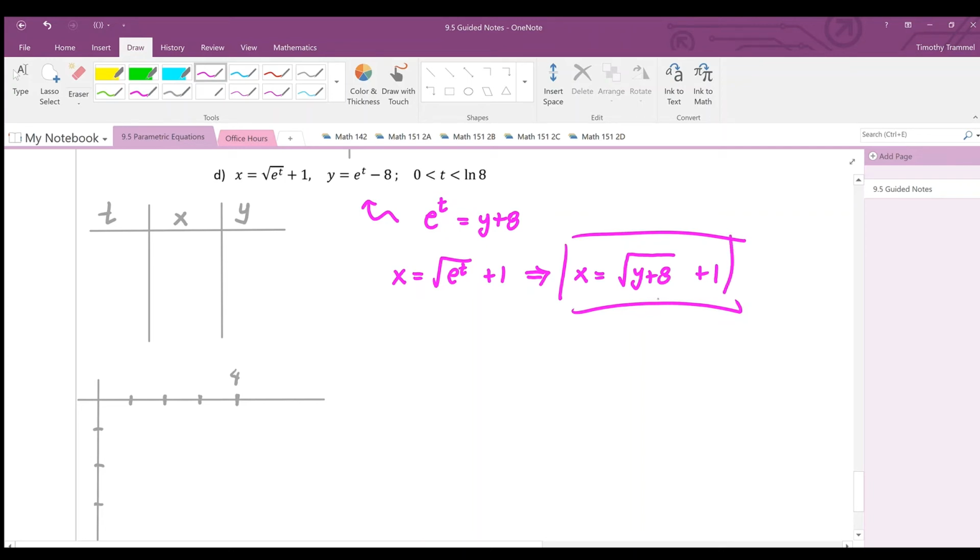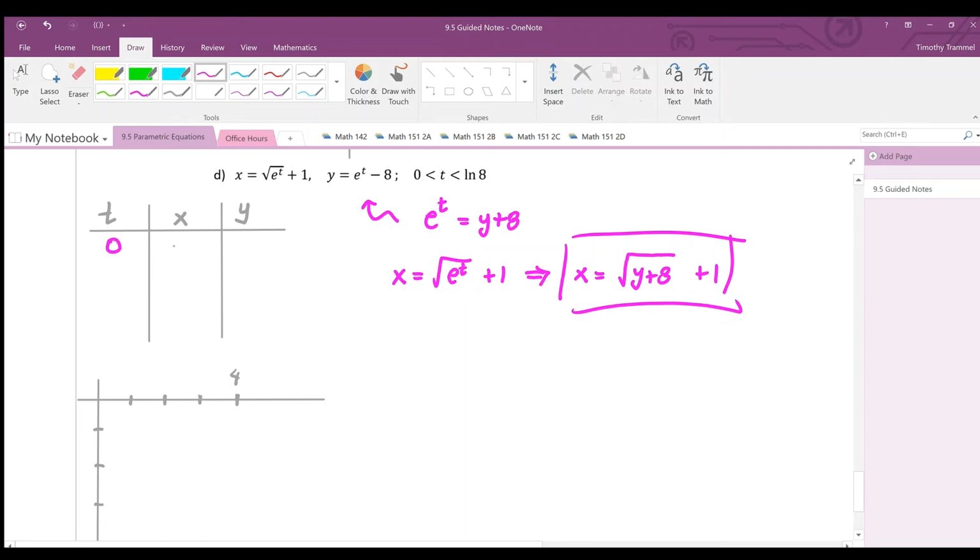So this is a square root function, but normally when we have a square root function, it's facing this way, right? Well, since this is x equals, our square root function is going to look more like this. But we'll see. Let's plot some actual points here. So first thing, let's try t equals 0.